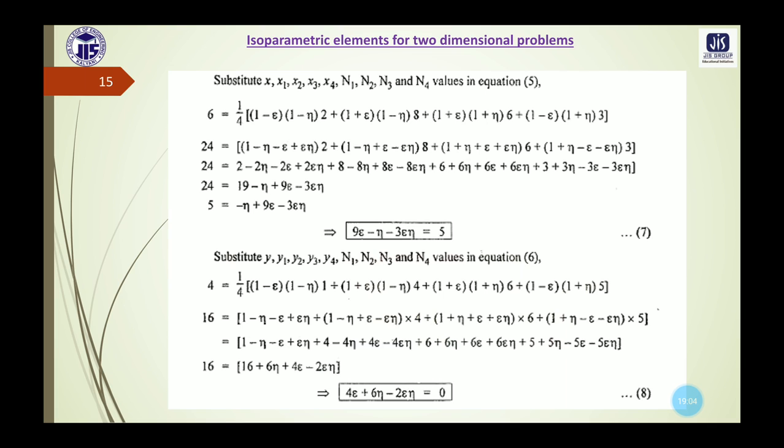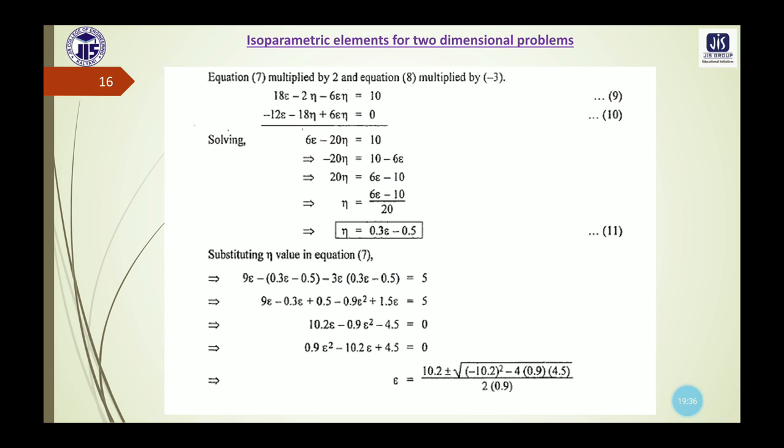So this is our equation number 7 that we have got here, and corresponding to the y coordinate we need to substitute the values of y, y1, y2, y3, y4 and n1, n2, n3 and n4 in equation number 6. So finally after several steps we get one more relation between epsilon and eta, which is 4 epsilon plus 6 eta minus 2 epsilon eta equals 0. Now from equations number 7 and 8 we need to find the values of eta and epsilon.